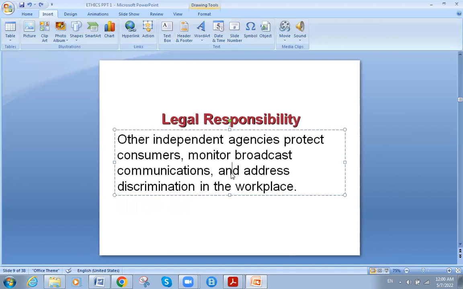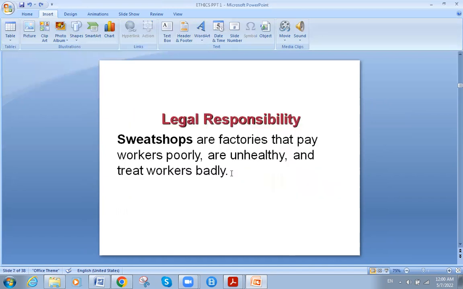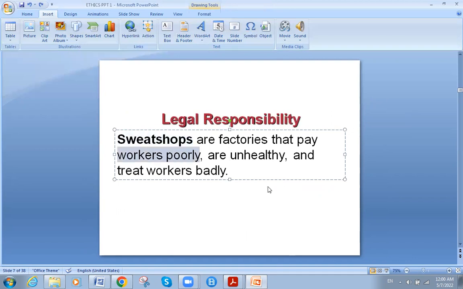These are bodies that defend the workers' rights. All this is again to avoid these switch-ups. We don't want to pay workers poorly, have an unhealthy environment, or treat workers badly.